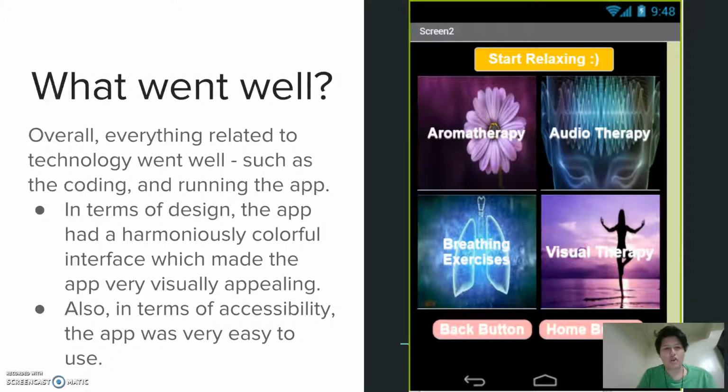I didn't really have trouble coding the app. In fact, the coding was one of the easiest aspects for me. Also, I think I did a great job with discoverability and response. So basically, it was easy for my users to access the app, understand how to use it, understand the functions, and understand the purpose of it.